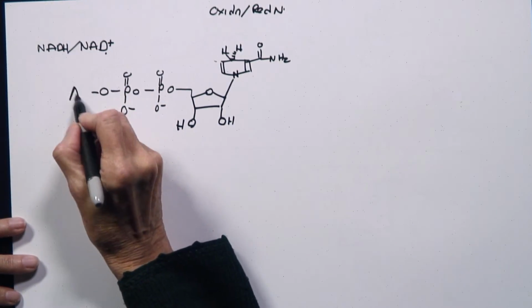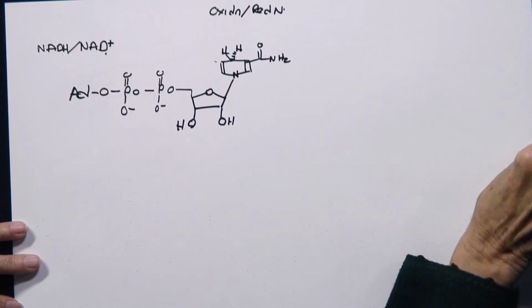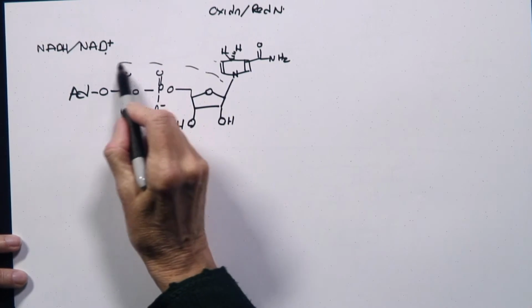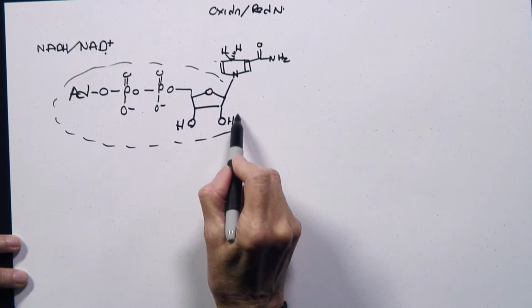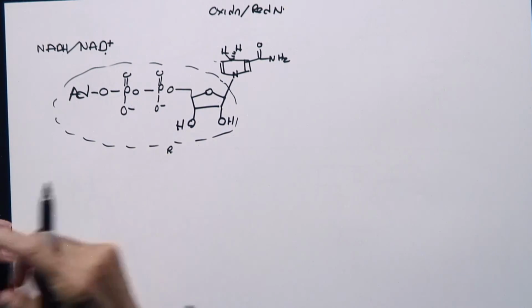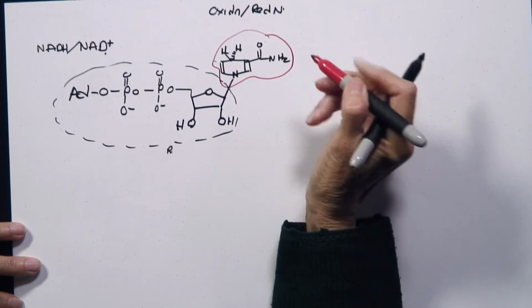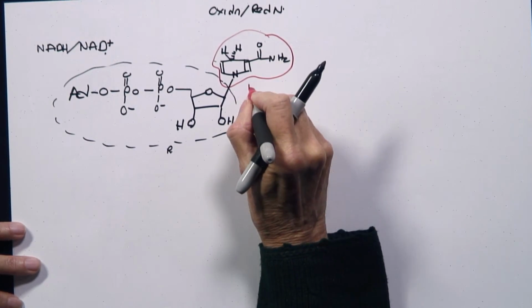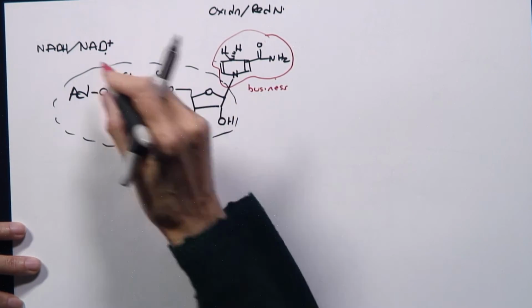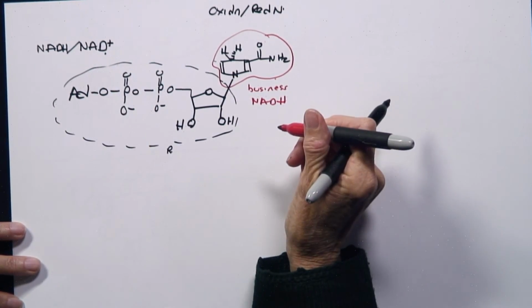I'm just going to abbreviate the adenosine part of the molecule with an AD. So this part of the molecule, we're going to call, for the rest of this exercise today, the R group, because it's not involved in the chemistry. Really, all of the chemistry happens in this part of the molecule. This is the business end. And this is the reduced form of the cofactor, NADH.